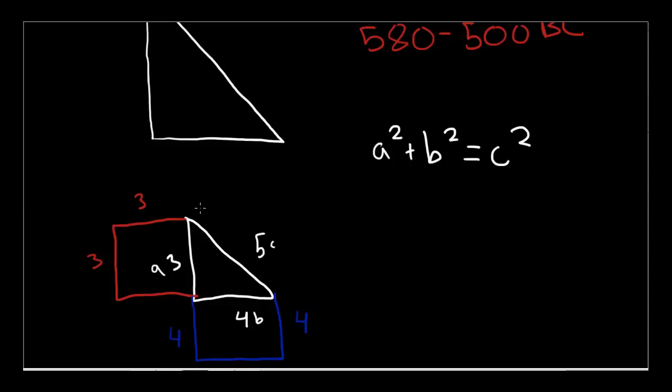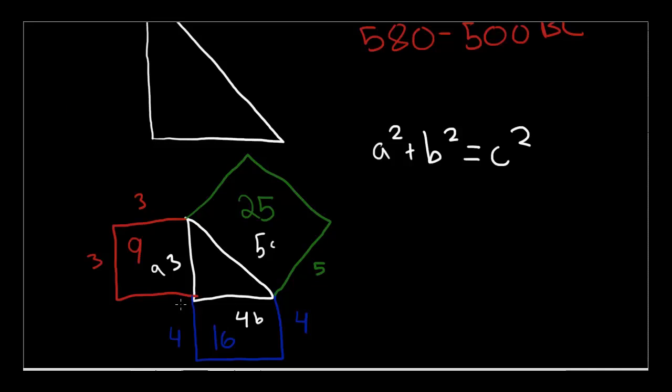And finally, we draw a square of length 5 over here. Now, the area of this red square will be 9. The area of the blue square will be 16. And the area of the green square will be 25. So it all matches up. 9 plus 16 is equal to 25.